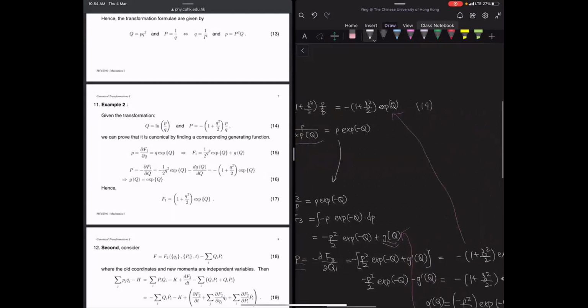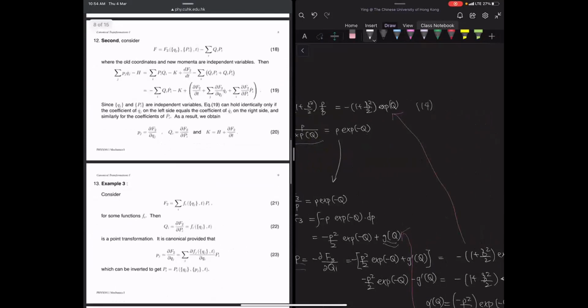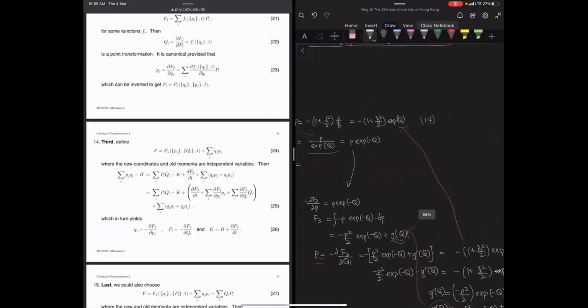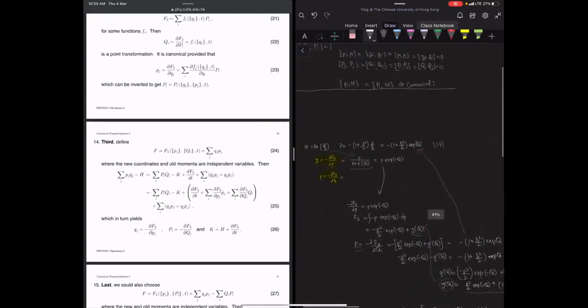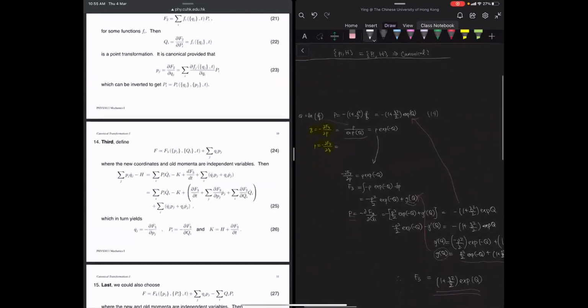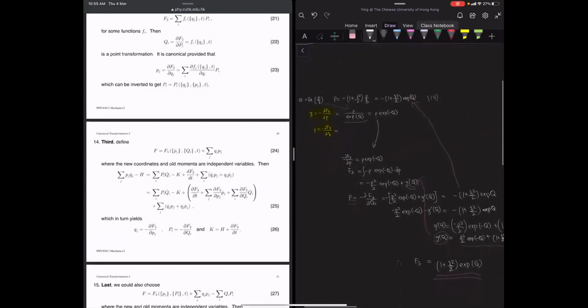Yes. Now, I hope all of you will work it out by yourself at home once again, so that you can get a taste of how to determine the generating functions. Now, has any one of you tried to determine a generating function of type 2 or type 4?